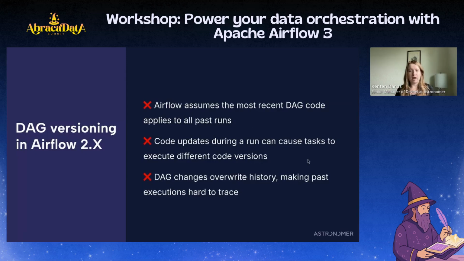Any changes that you made would no longer be reflected in the Airflow UI. It overwrites that history. If you made any code updates during a run, that could cause tasks to execute different code versions. Some people, myself included, have done this in the past while developing as a fun race to see if you can fix the bug before your retry delay is up. But in production, this is behavior that you typically do not want.